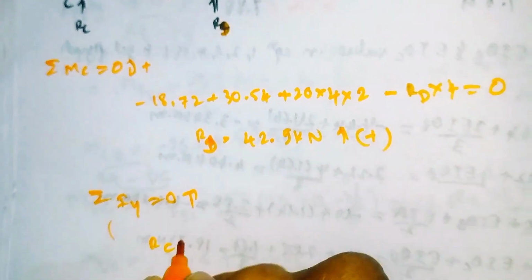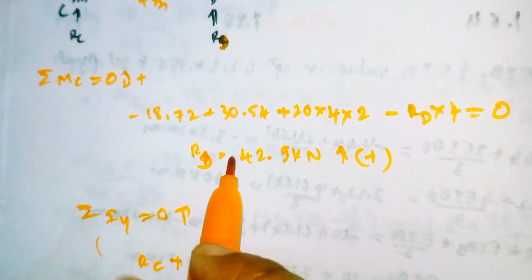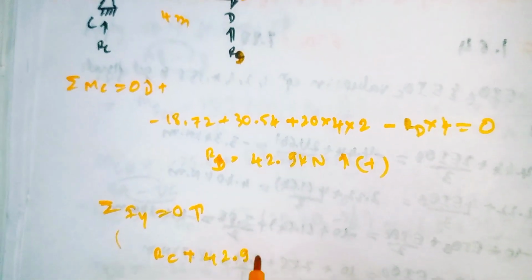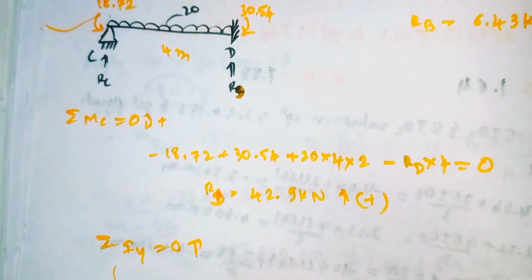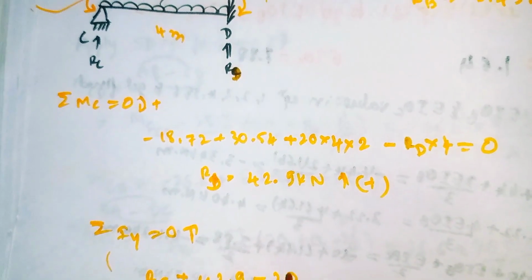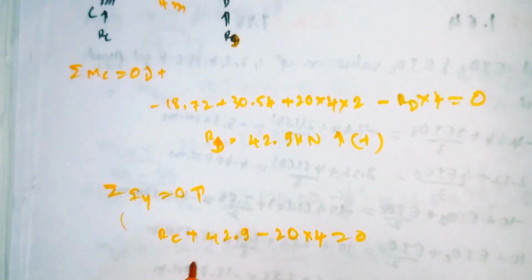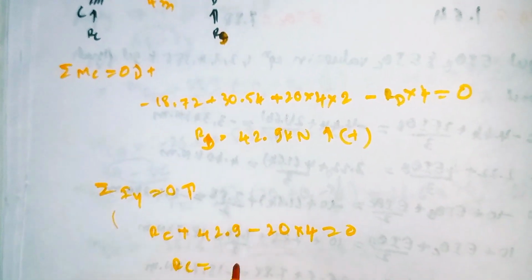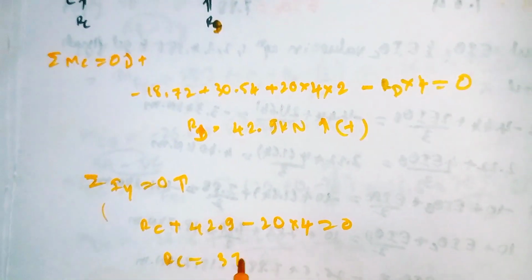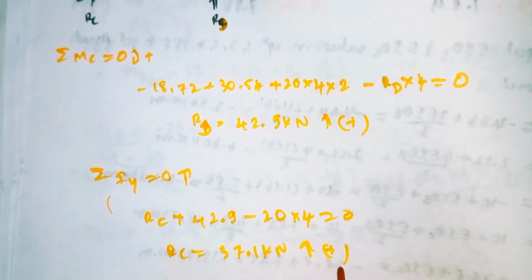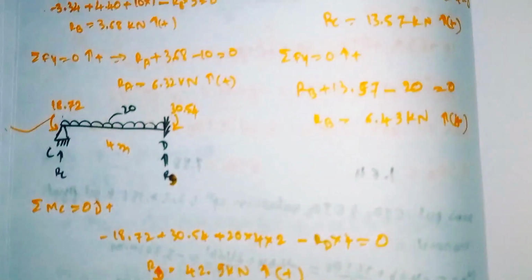So RC plus our RD value we got, 42.9, and the UDL is downward, so 20 into 4 is equal to 0. Simplify this, and our RC value will come out as 37.1 kilonewton. It is also positive. So these are the reactions.